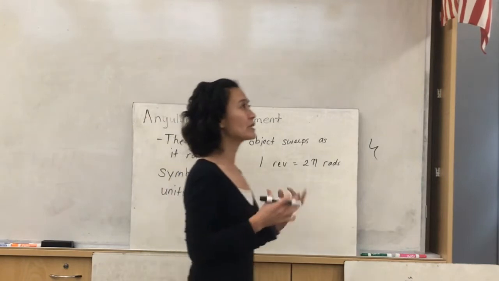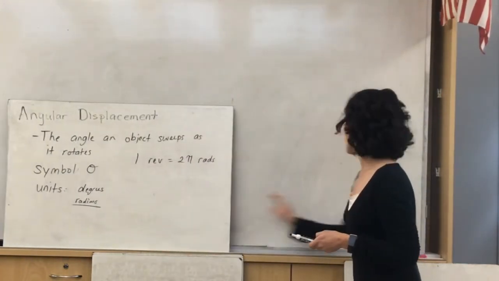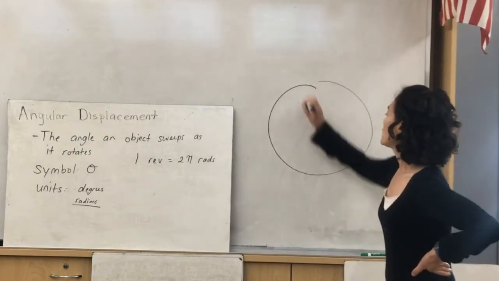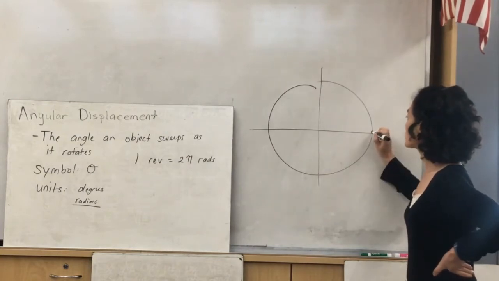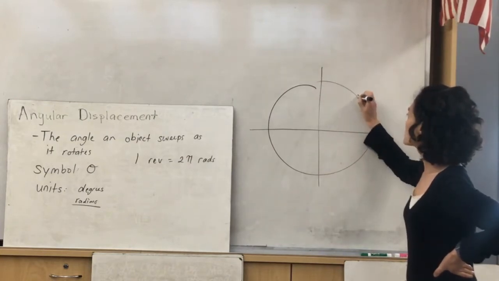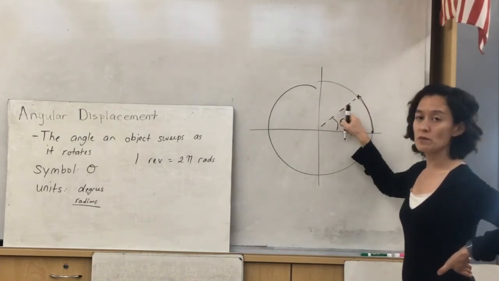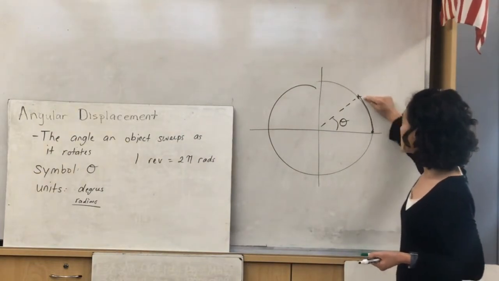The other thing to keep in mind is the link to the linear quantity. That would be how much of the circle the object is rotating. If I think about something moving in a circle, and it starts here and rotates, this is the angular displacement, but the linear displacement is physically how many meters it travels.